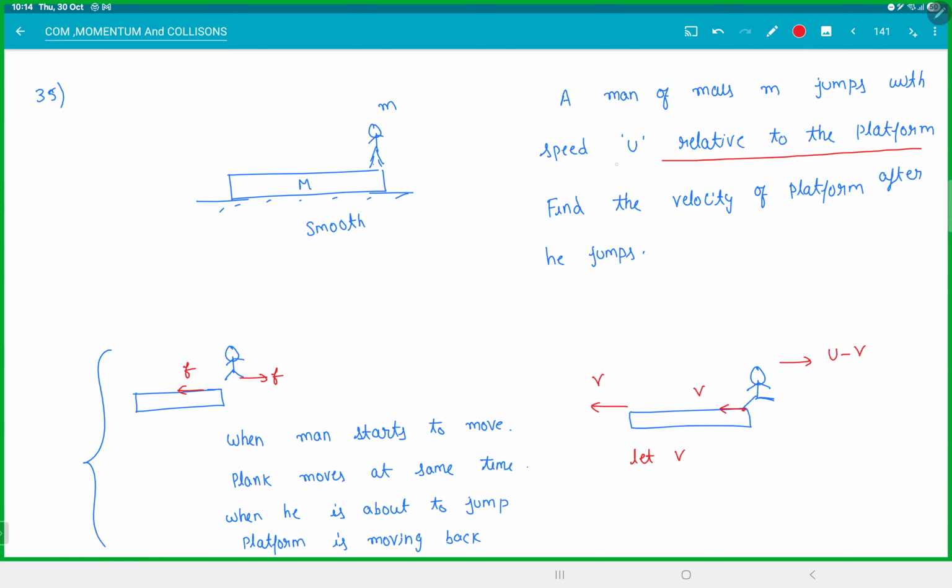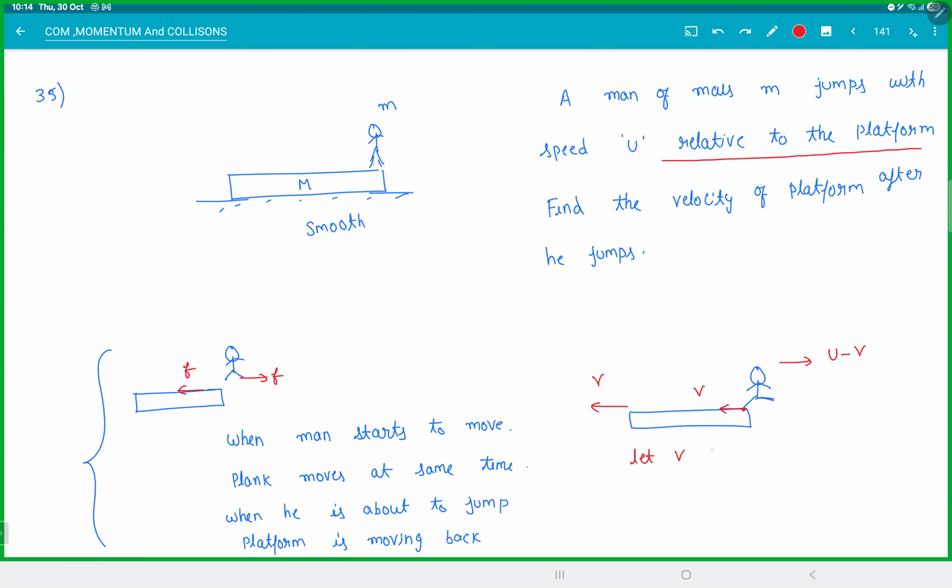So when they use the word relative to the platform, he's not actually jumping with u, he's actually jumping with u minus v. But if he says he's jumping with u, then it is fine. That is, in the ground frame, he's actually jumping with u. Clear with this?